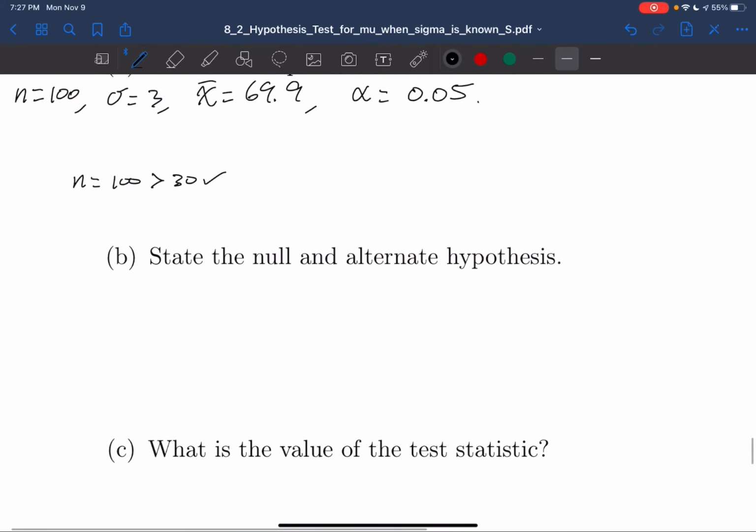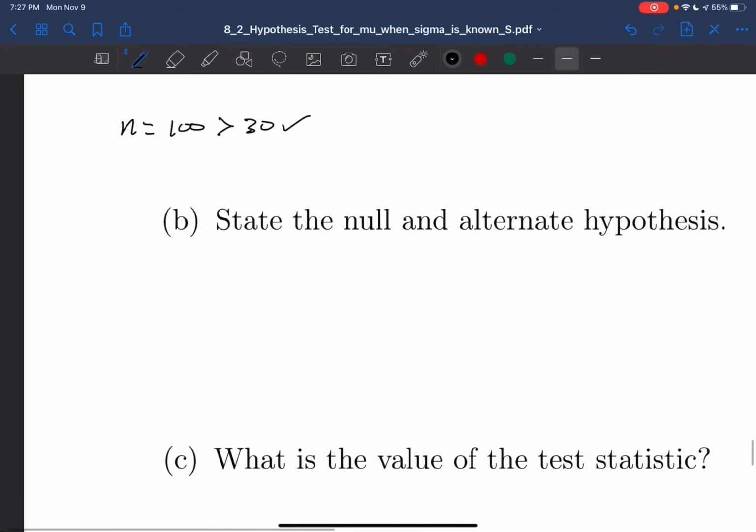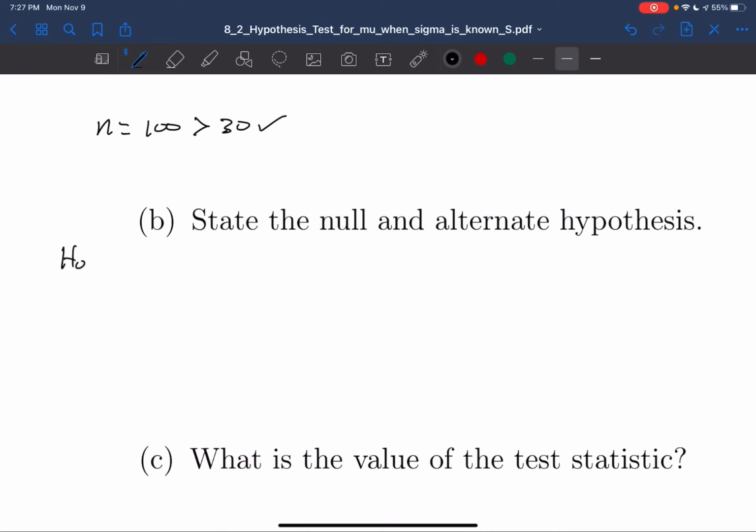Next, we want to state the null and alternative hypotheses. So here we want to know our H sub 0, which is going to be mu is equal to some value, and our alternative hypothesis, which is H sub 1, is going to be mu is less than, greater than, or not equal to some value. We have to figure this out.